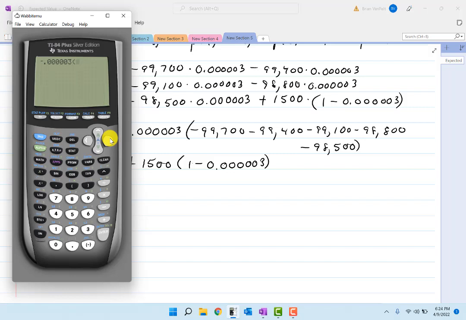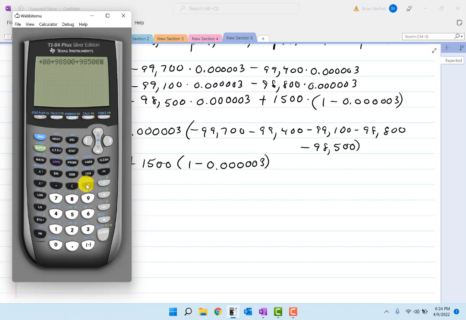Now let's add them up. So I got my 99,700. I gotta put my cursor where the plus is. Then we have 99,400, 99,100, 98,800, 98,500.